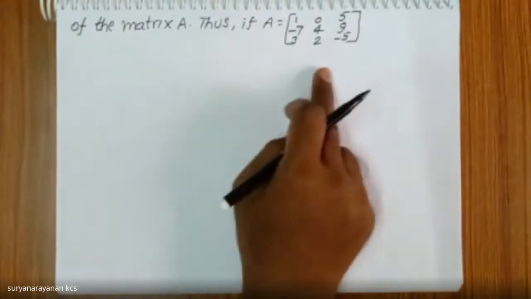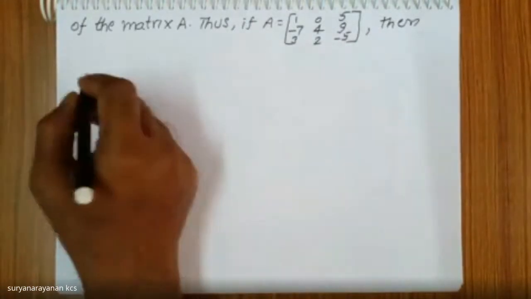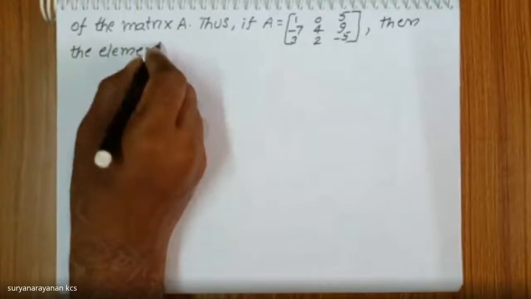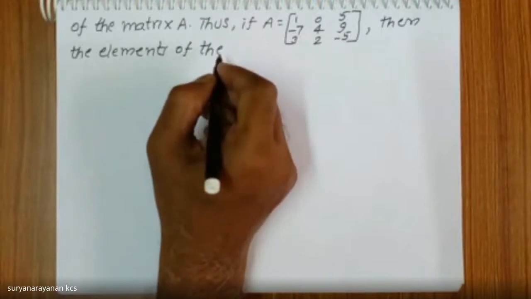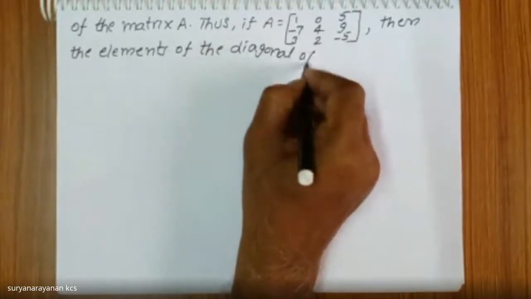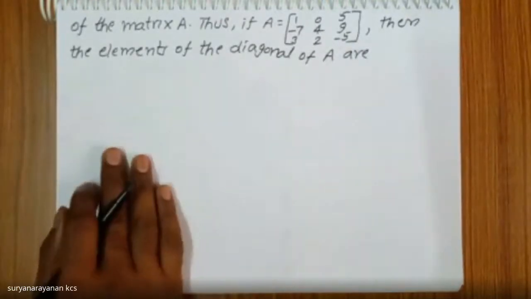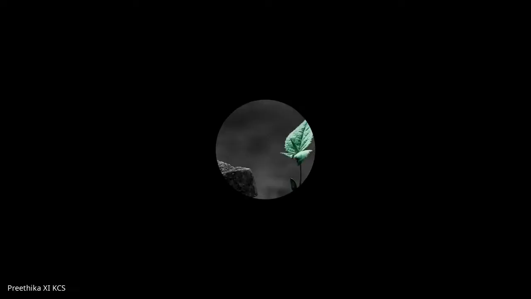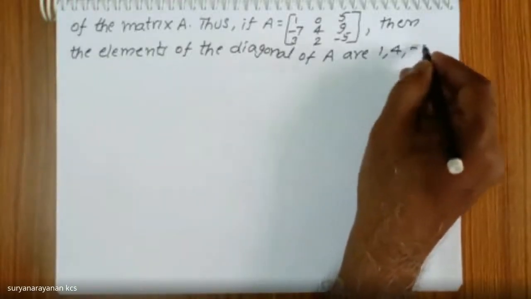If it is a square matrix of order 3, can you tell me what the elements of the diagonal are? Sir, is it 1, 4, minus 5? That's all. Very good, my dear Pritika. 1, 4, minus 5. These three elements.